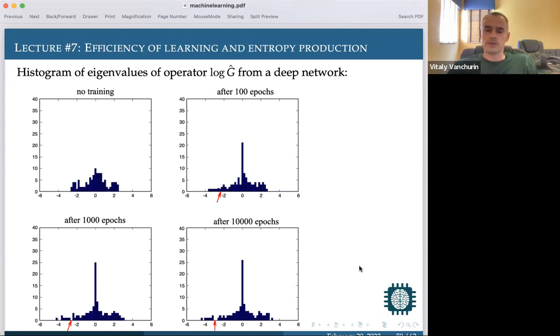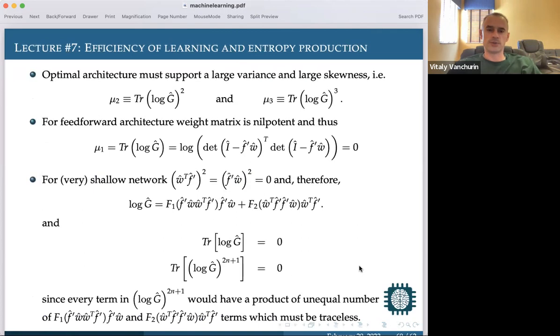Okay, good. All right, so let's dive into a little more mathematics and try to understand what is so different between shallow and deep networks.